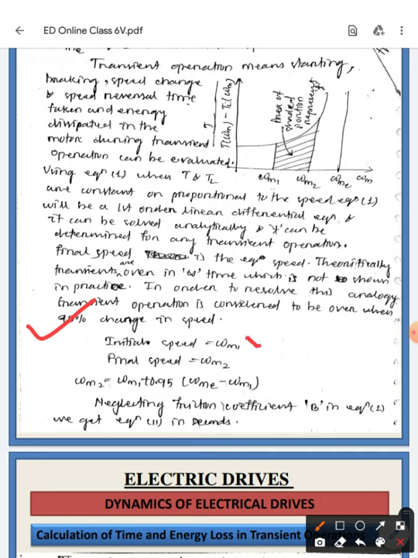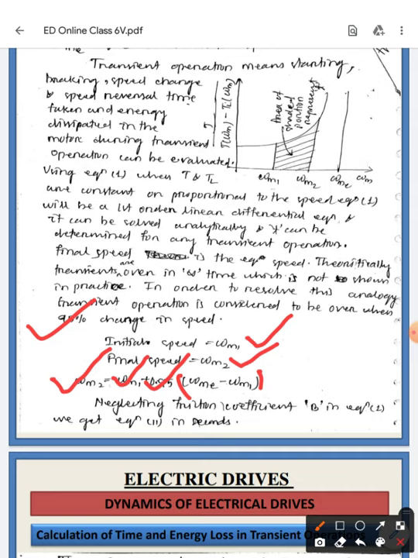So the initial speed is omega m1. After the transient we get the final speed, that is omega m2. So omega m2 is the combination of your initial speed plus the 95% speed change, so it is 0.95 times (omega m2 minus omega m1).